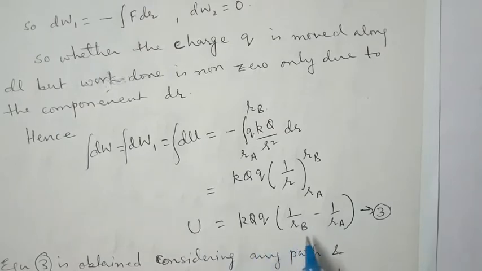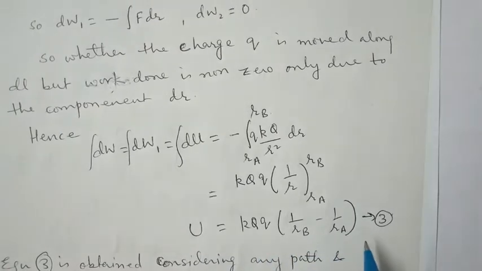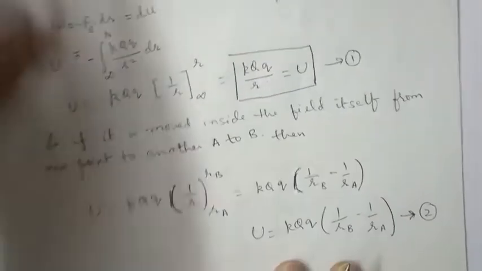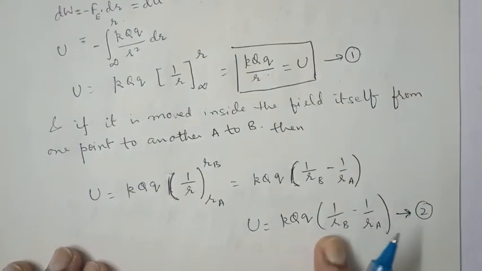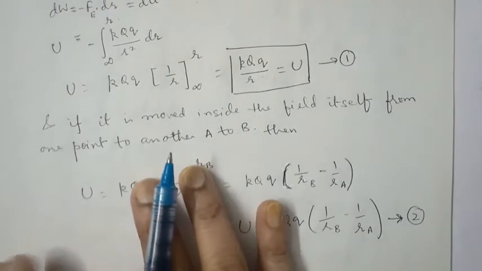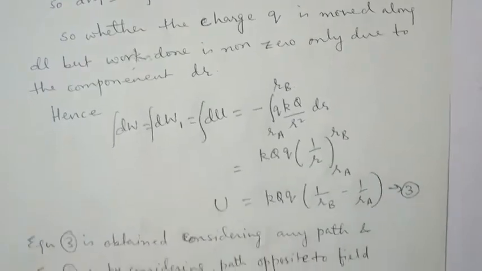Very important to understand it here. What we have observed is that this expression has been obtained by any path, whereas this expression was considered as movement along the field. As the two expressions are the same, that means whatever is the path followed, work done does not depend upon it.